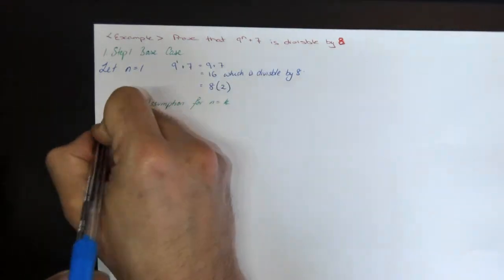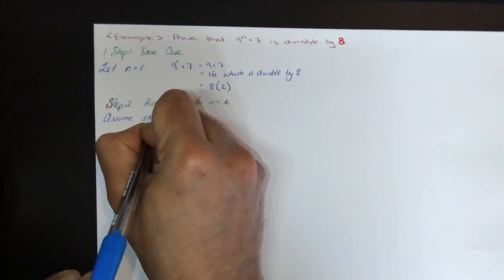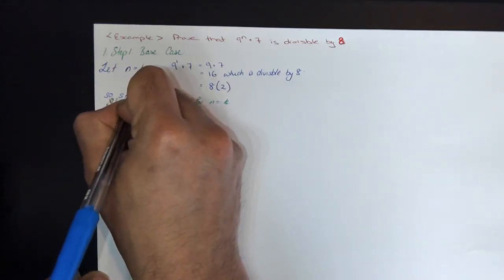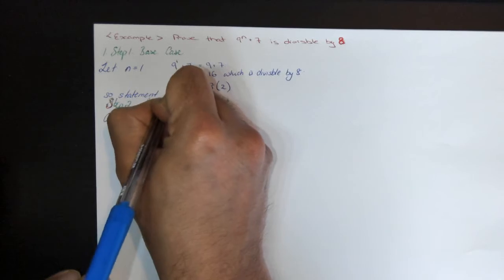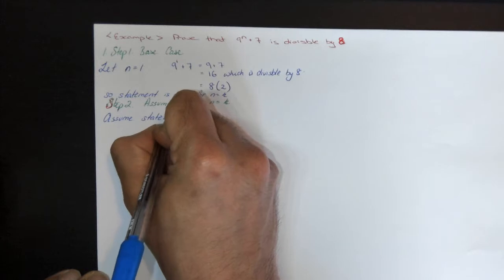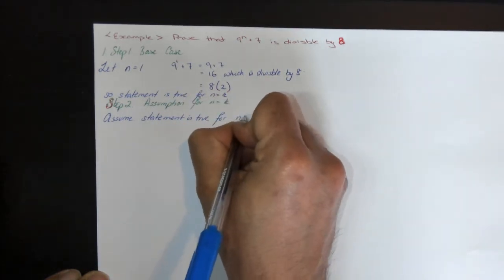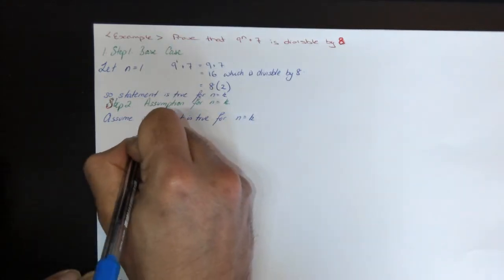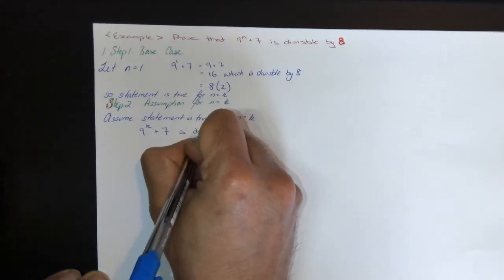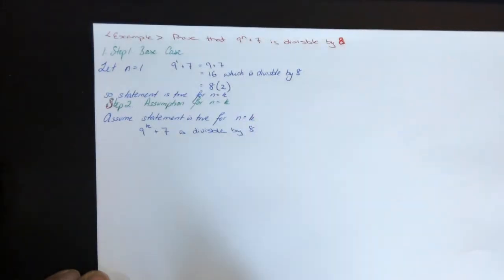So we're going to assume the statement is true for n equals k. And what that means is we get 9^k plus 7 is divisible by 8. That's what we're trying to say.